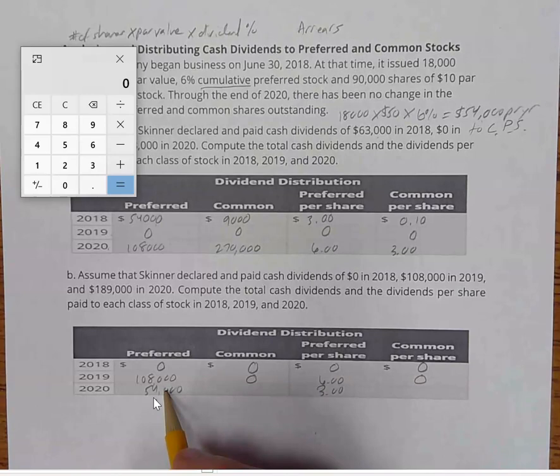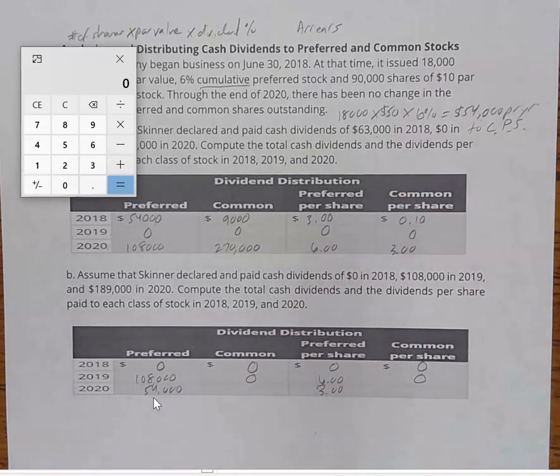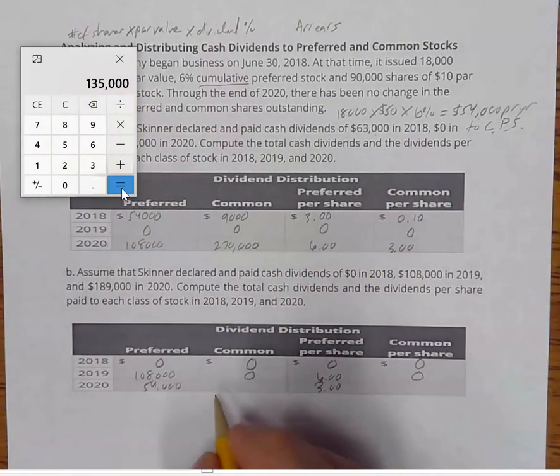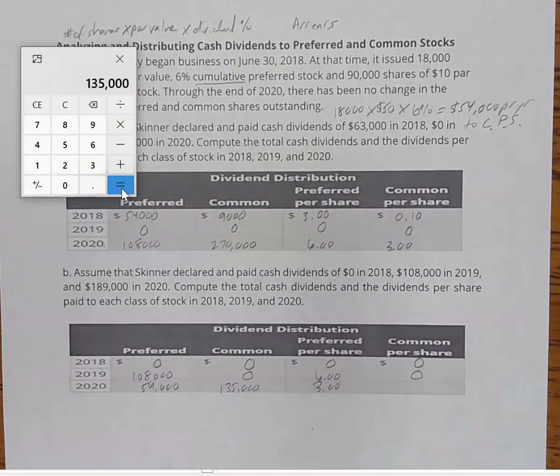Again, that's 54,000 divided by the 18,000 shares issued. And then, how much do common stockholders get? Well, they get 189,000 minus 54,000, or $135,000. So 135, and then we would just divide that by 90,000 shares, $1.50.